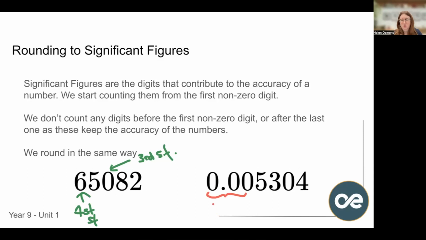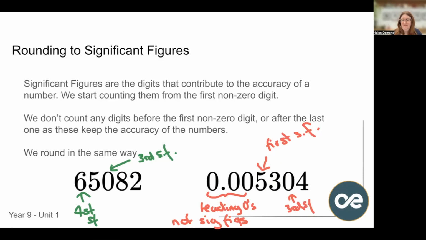These are all leading zeros. They get us to the right degree of accuracy, but they are not significant figures. This 5 here is my first significant figure. So then 3 is the second. This 0 does count because it's inside the number.